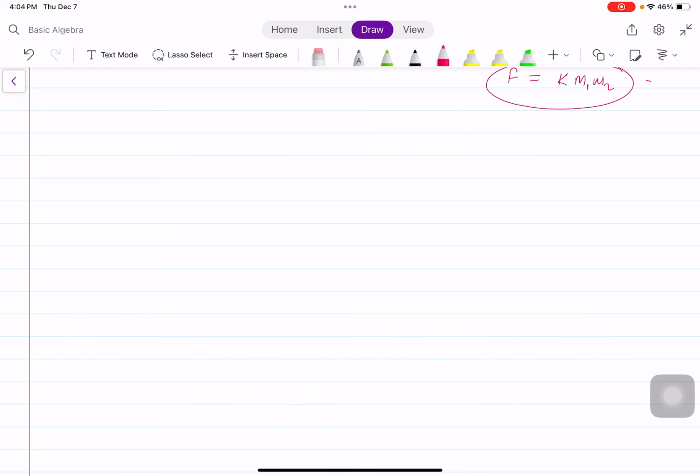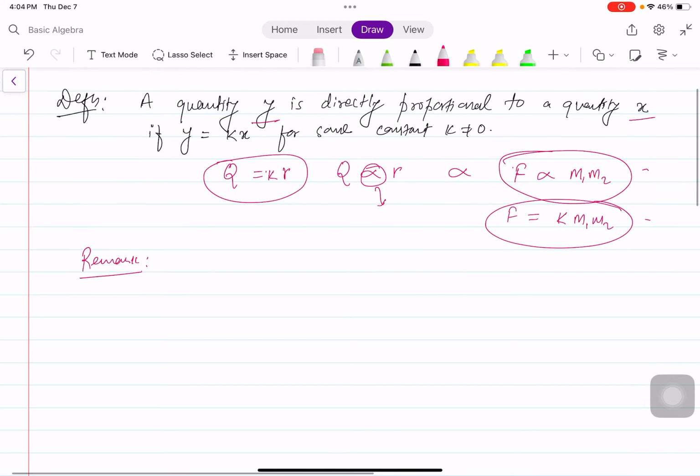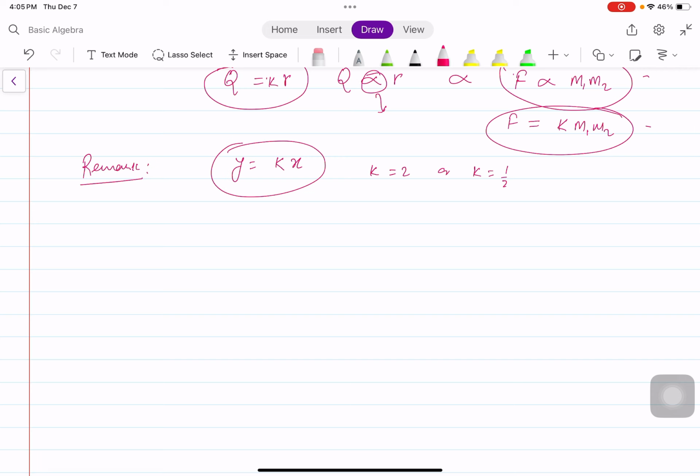Now I have one remark here. If you look at this relation y equals k times x, if you double or halve the value of k, or multiply it by 3 or make it 1 by 3, or whatever you do, it also changes the value of y.